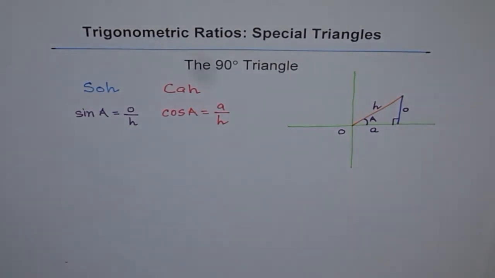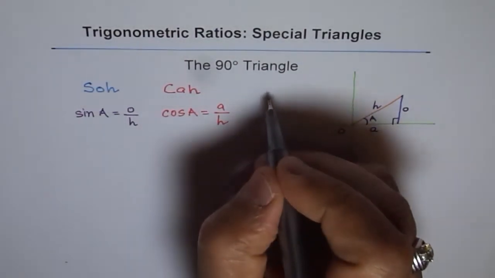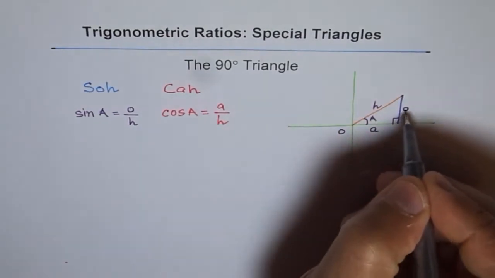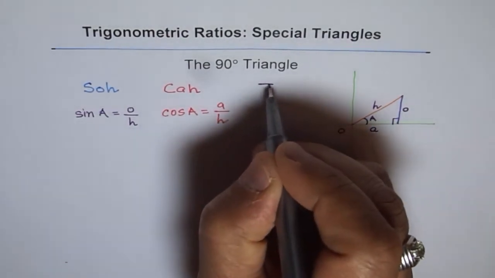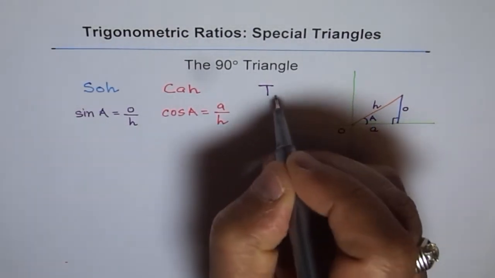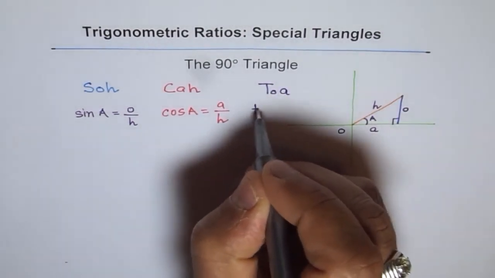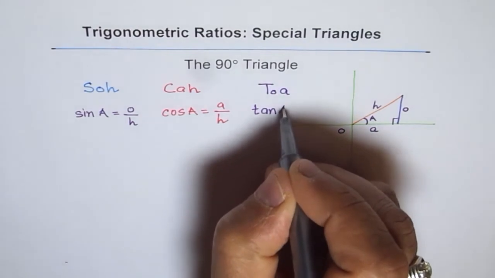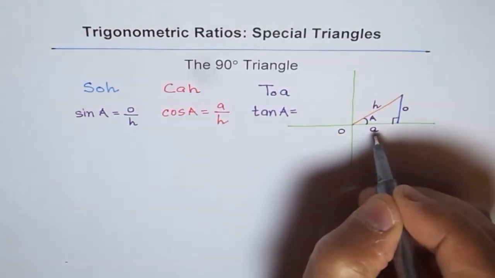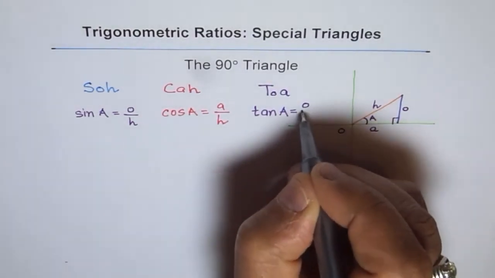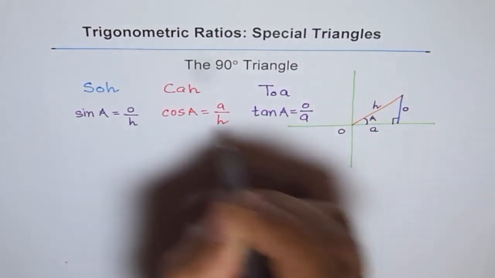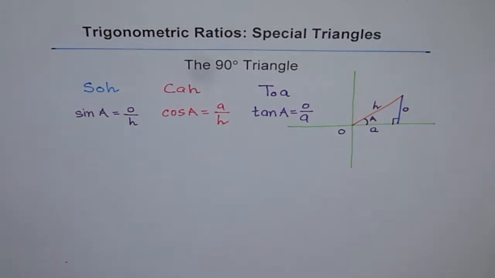Toa is for tan: O over A. So tan A is equal to O over A. So these are our three primary trigonometric ratios.